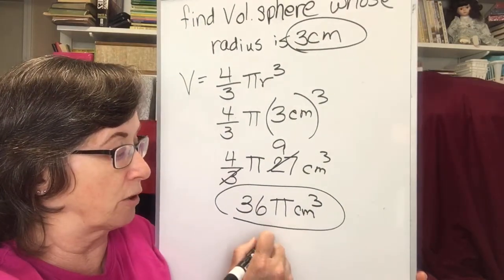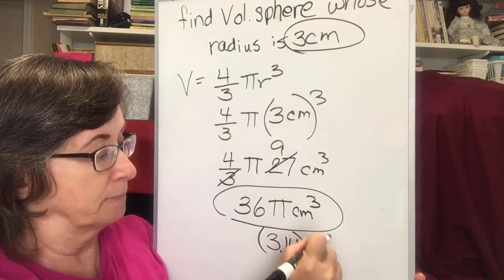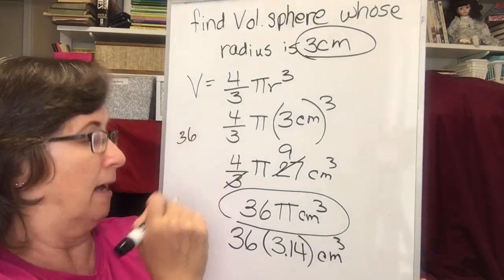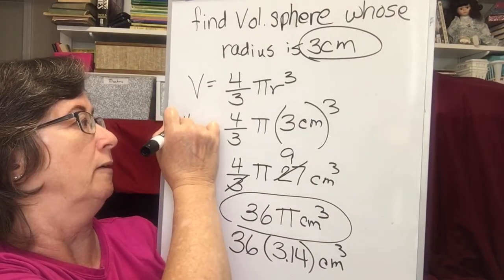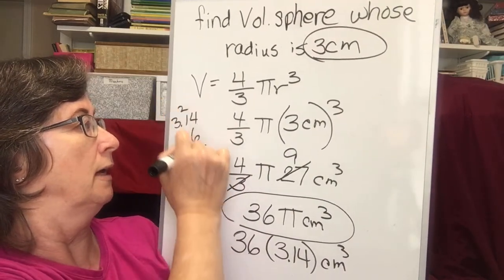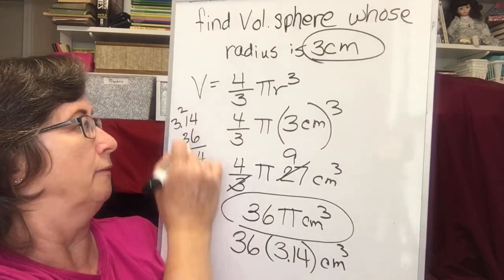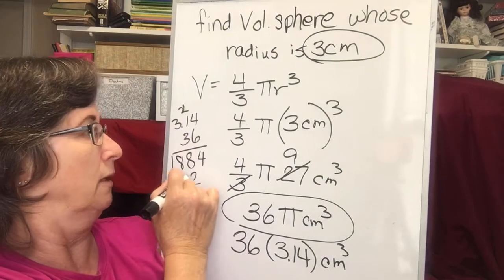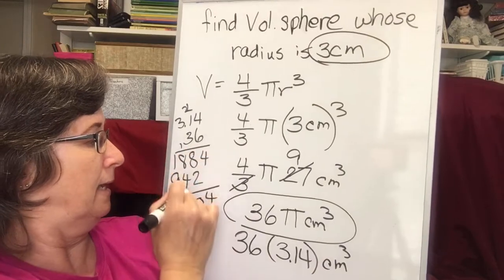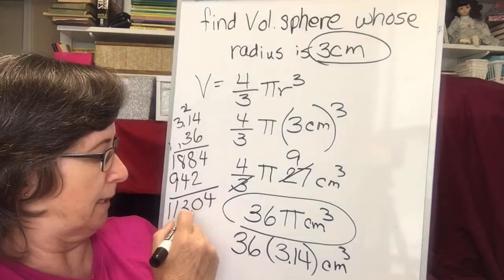Now, we're supposed to use a decimal equivalent, but remember with pi, it's a decimal approximation. So we're going to use 3.14 in place of the pi, and that's going to be 36 times 3.14. 4 times 6 is 24, and that's going to give me an 8 and an 18 and a 12 and a 4 and a 9, 4, 10, 13, 11, 2 decimal places.